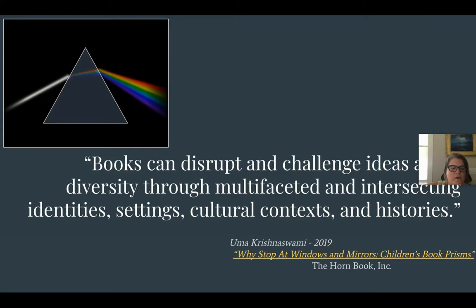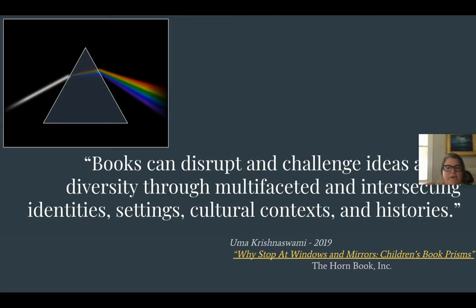So we think about the work of Dr. Rudine Sims Bishop around windows, mirrors, and sliding glass doors. Recently, I learned about the work done in 2019 by Uma Krishnaswamy in their article, Why Stop at Windows and Mirrors? Children's Book Prisms.